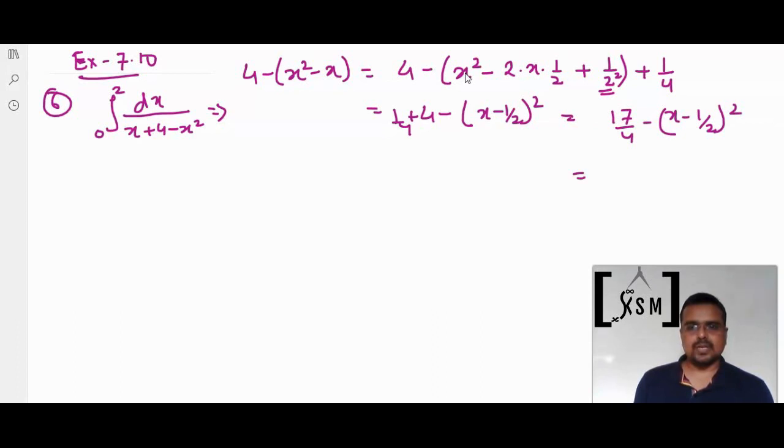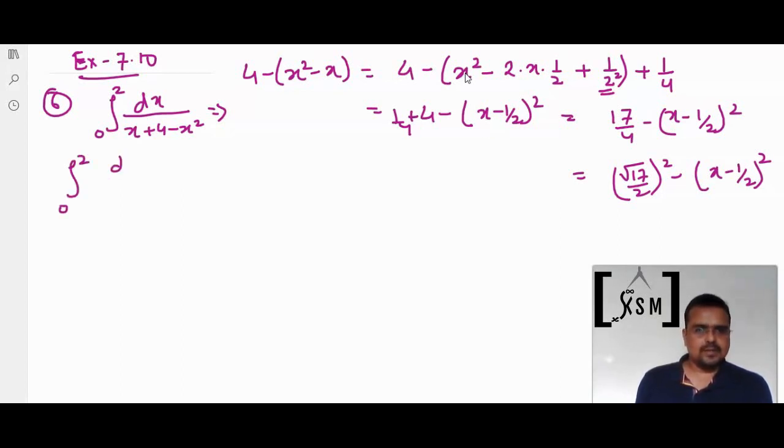And it is actually root 17 over 2 whole square minus x minus half whole square, right? So this thing becomes integral from 0 to 2 of dx over square root 17 over 2 whole square minus x minus half whole square, right guys?